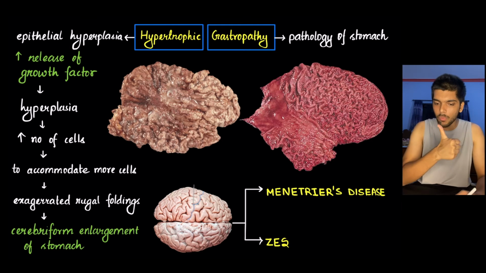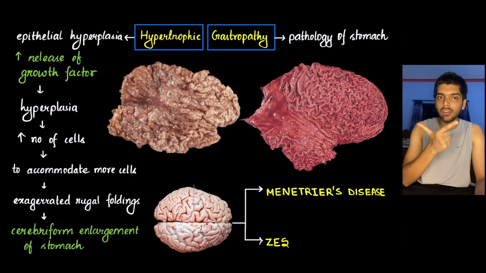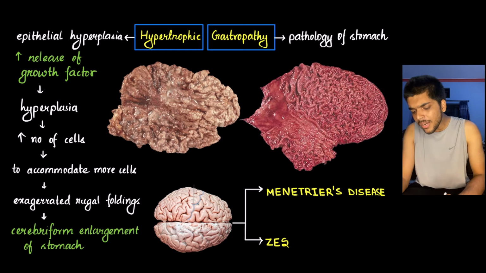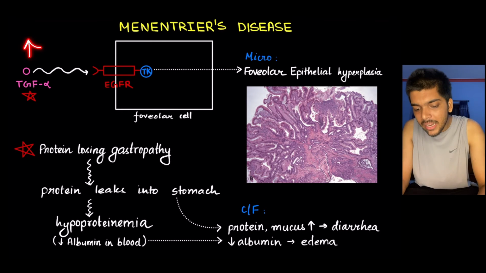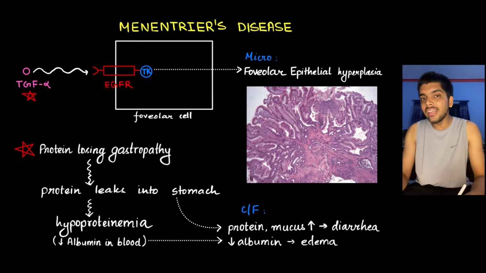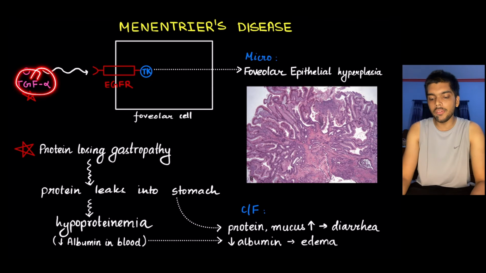Two things. Number one, increase of what results in hyperplasia, and number two, what goes through hyperplasia. Under Menetrier disease, we have already learned that there is increase in transforming growth factor alpha, TGF alpha, which results in increment or hyperplasia of which cell? The foveolar cell lining the wall of the stomach, TGF alpha and foveolar cell.